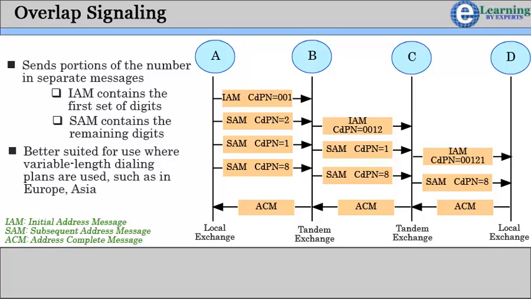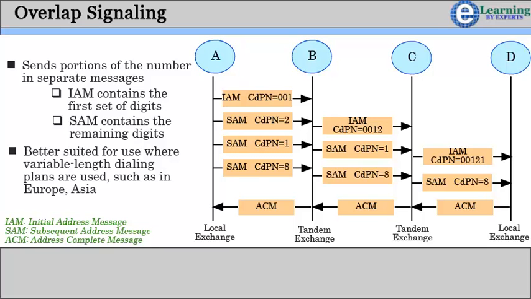Figure illustrates the use of overlap signaling. Local exchange A collects digits from the user as they are dialed. When enough digits have been collected to identify the next exchange, an IAM is sent to exchange B. When tandem exchange B has collected enough digits to identify the next exchange, it sends an IAM to exchange C. Exchange C repeats this process.